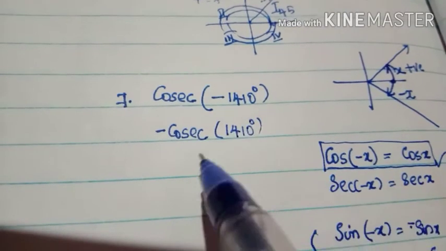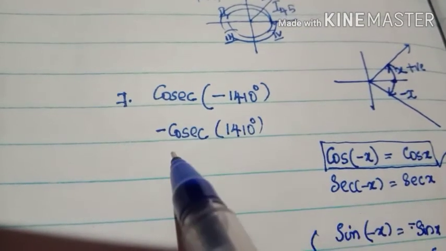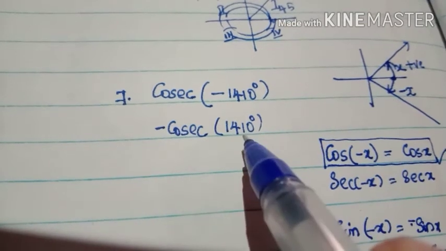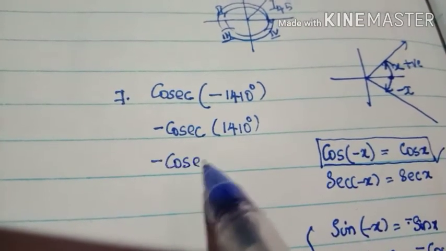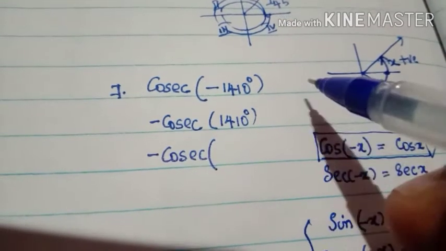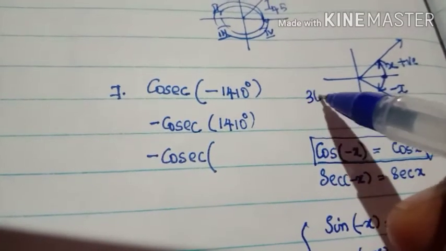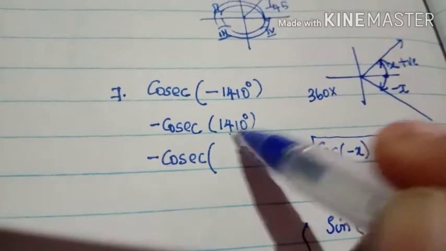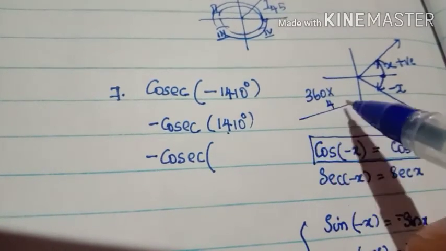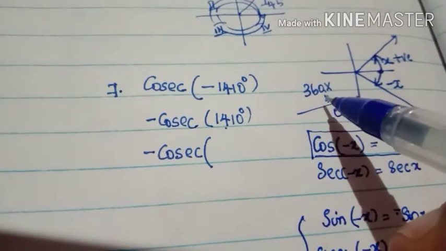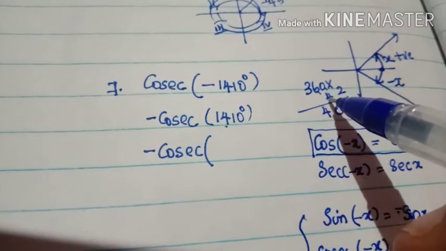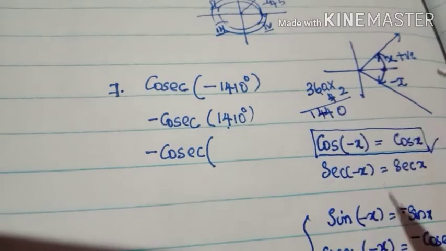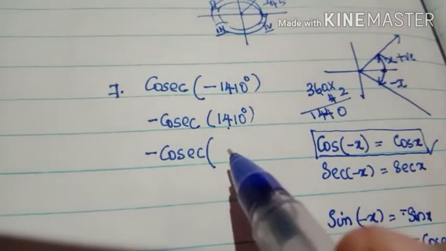1410 degrees. Now convert this angle into 360 or multiples of 360. Listen, 360 into nearly 4. So 4 into 0, 0. 6 into 4, 24. 3 into 4, 12, 12. 1, 4, 4, 0.